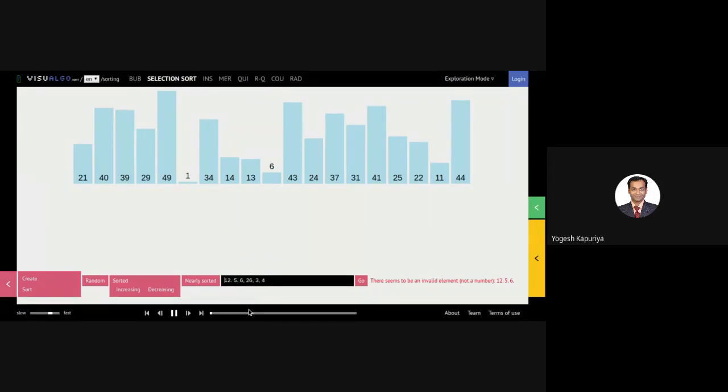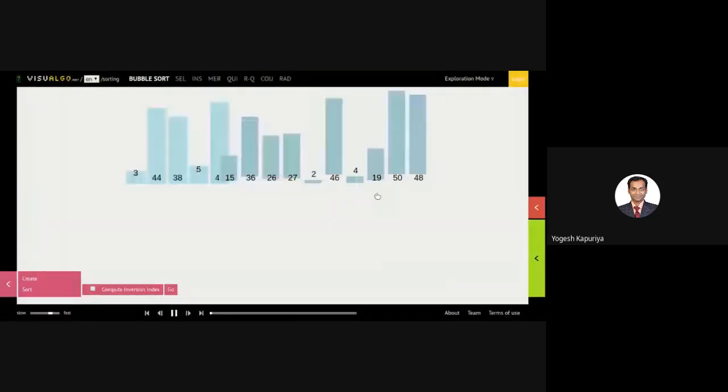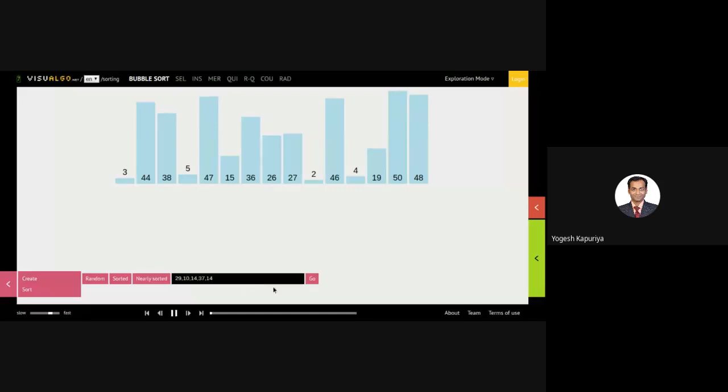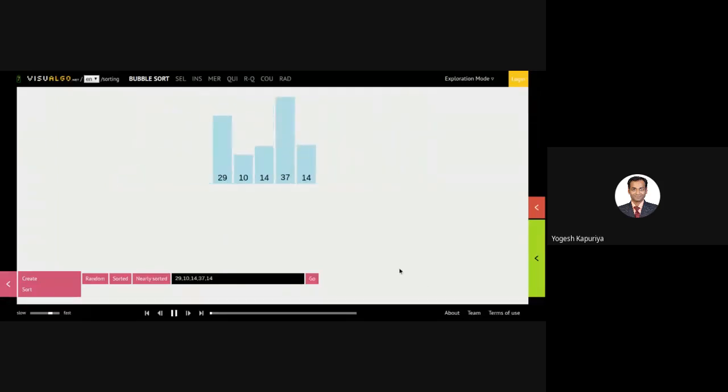So let us say these are the five numbers which we want to sort.